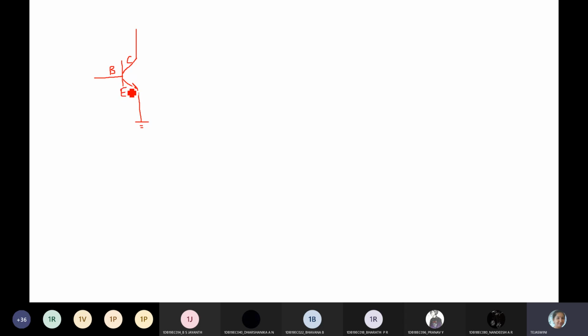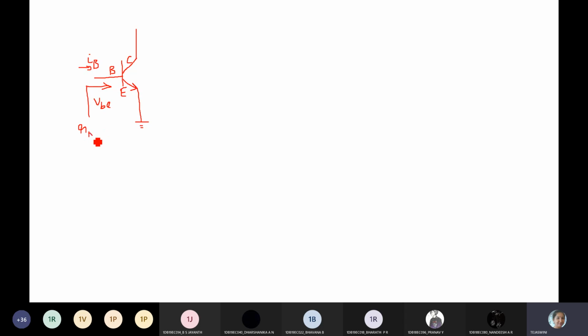With respect to which terminal we found out R pi? Base and emitter terminal. Here the current that flows is IB. So here we are going to measure VBE, V with small b because it is a small signal. So here we found out R pi.